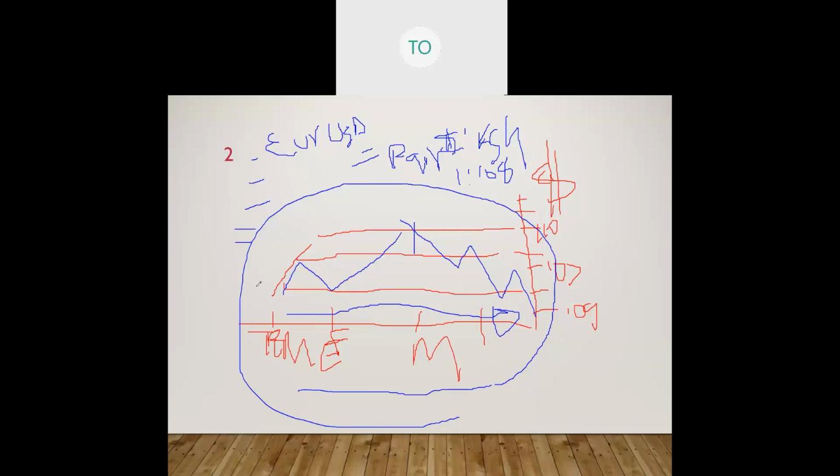Now, one significant thing about the time is the time moves from left to right. In other words, wherever you are, the current time is always on the right. Okay? Whatever is showing up in the market on the right, that is considered the current value of that pair.